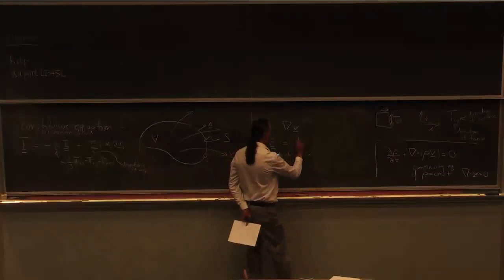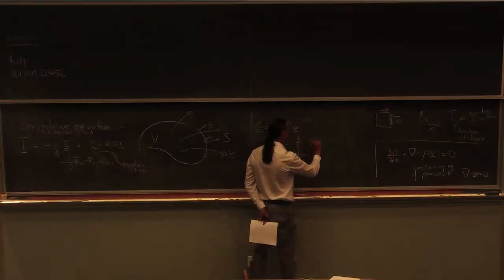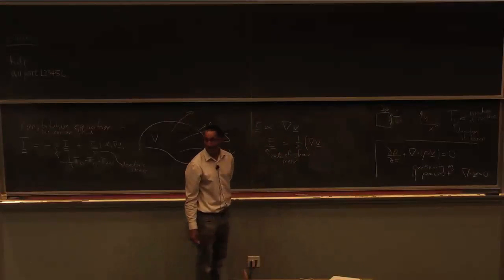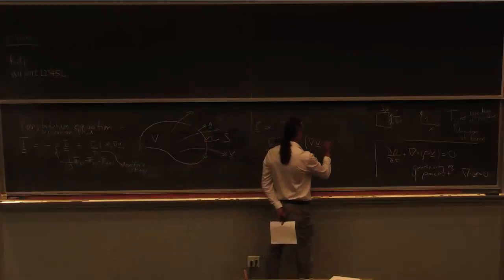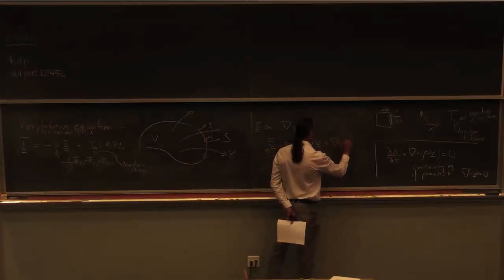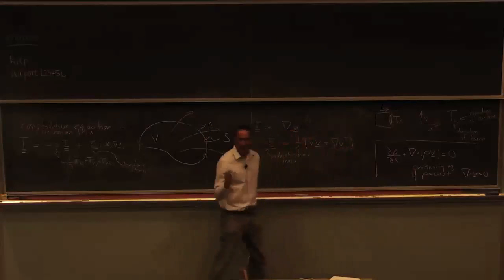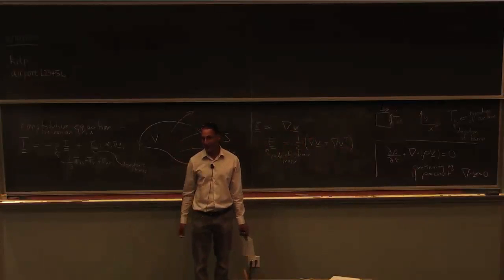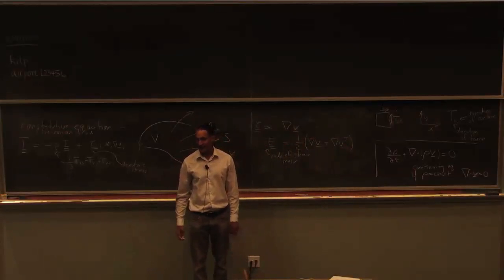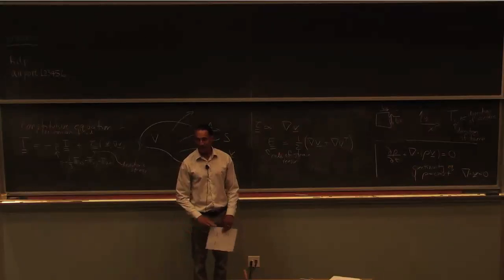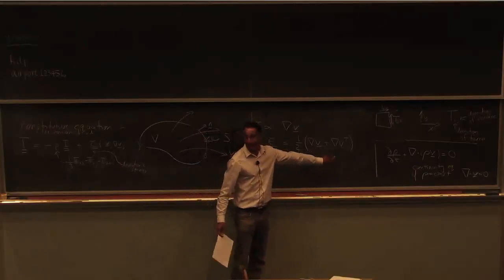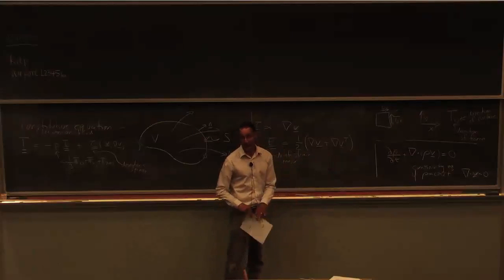The easiest way to make something symmetric is to take this quantity, a second rank tensor, and add to it its transpose. What is the transpose? You take a matrix and just flip everything about the diagonal. If we flip it about the diagonal and then add it back to itself, the sum of these two tensors has to be symmetric. And the sum of those two quantities is what people call the rate of strain tensor.